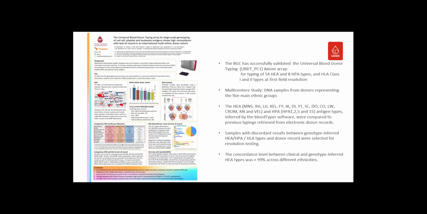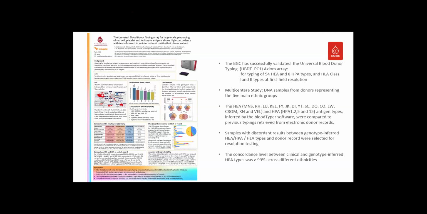And for the purposes of this accreditation, the typing was based on 54 clinically relevant blood group genes, the 8 HPA types, and HLA class 1 and 2 using a first field resolution. So the strength of the study is that it's multi-center and that it has DNA samples from donors representing multiple ethnic groups.